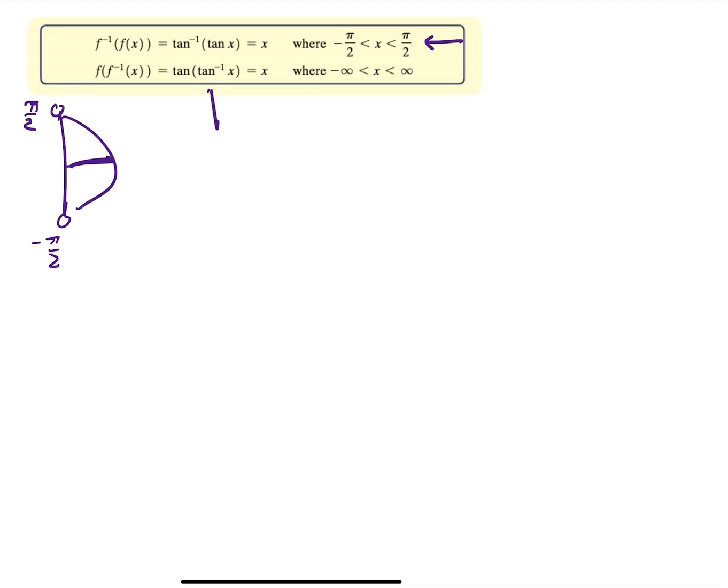But the tangent is more forgiving here because remember the domain of the inverse tangent is all real numbers, -infinity to +infinity. So this statement will always be true, that if you take the tangent of an inverse tangent of some value, you'll just get that value as the output.